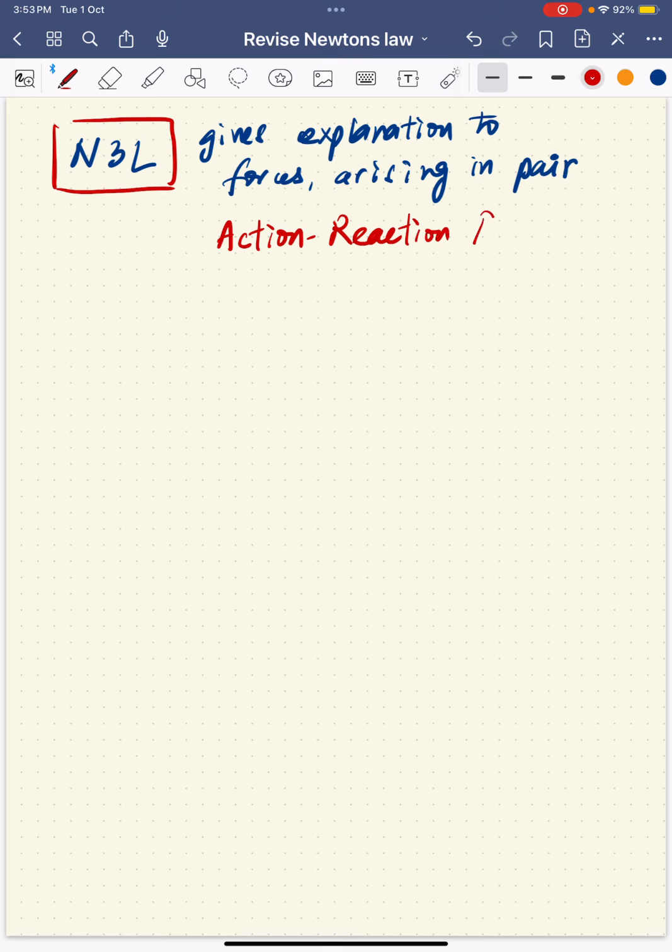So action-reaction pair of forces. My short form here, I'll just call this ARP.